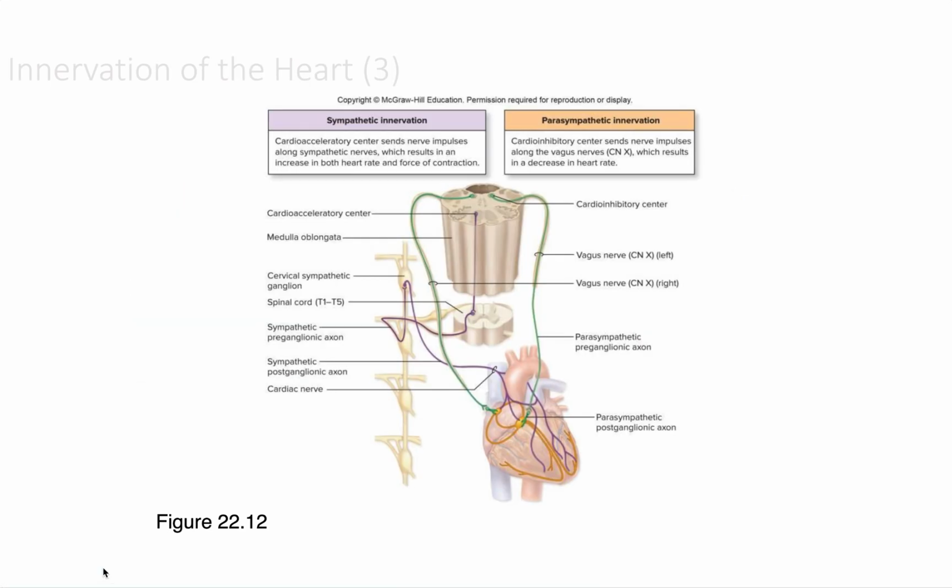Since the SA node is contributing to 70 to 80 beats per minute, we see two different types of cardiac plexuses that are innervating. We know that the heart is innervated by the autonomic nervous system, and it has a sympathetic and a parasympathetic intervention, also called the cardiac plexus.